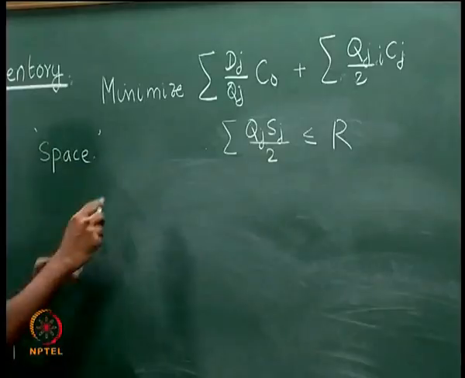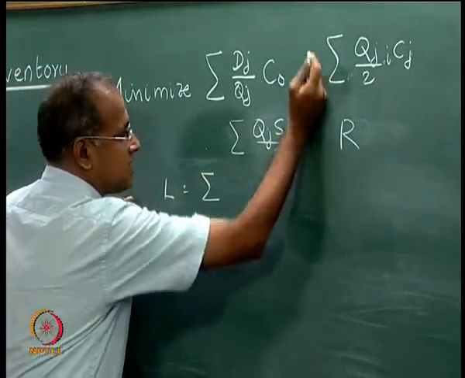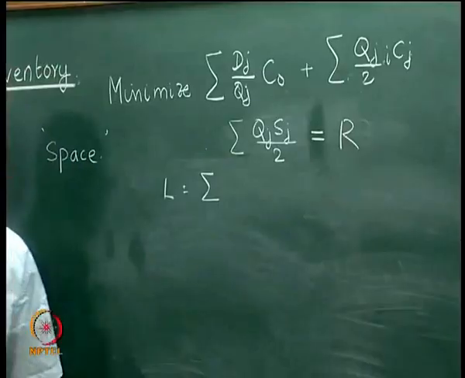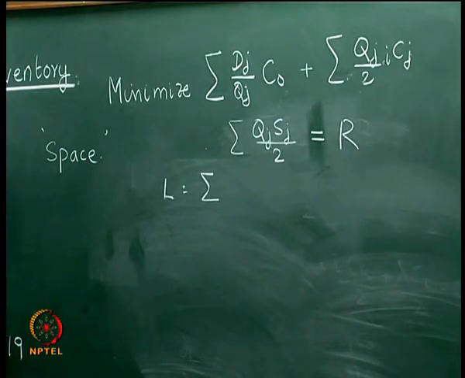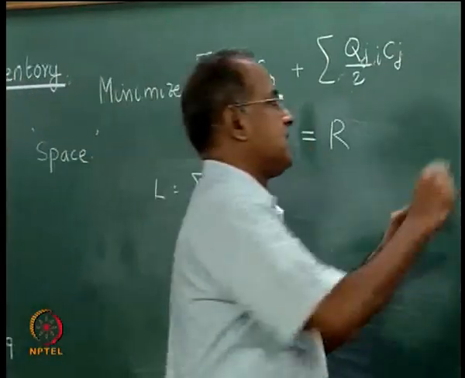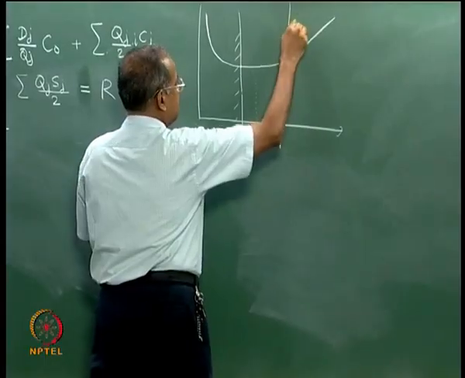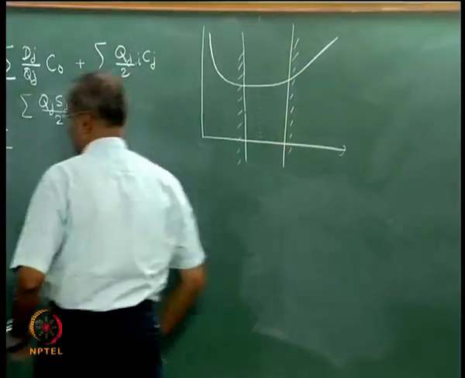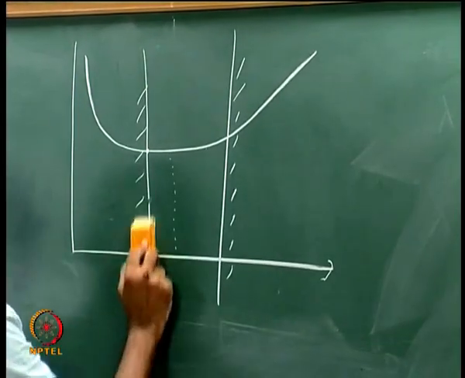So we once again use the Lagrangian, and say that this inequality at the optimum will become an equation by the very nature of this. Obviously, a restriction on the space is going to increase the order quantity somewhere here. Please note that this line does not exist.